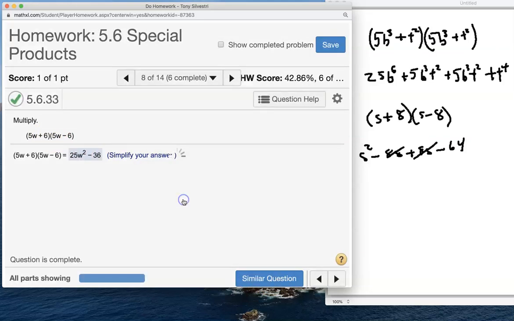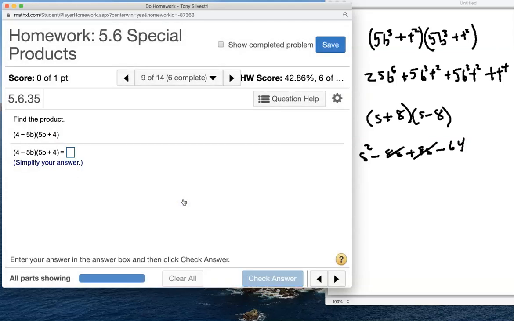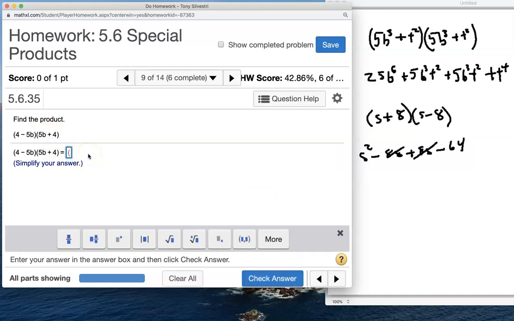Now, let's see what this is. You might think that this is different, but if you take a look, you don't want to change the 4 minus 5b. Leave it the way it is. But I can move these two around. It doesn't matter whether you say 3 plus 5 or 5 plus 3, it's the same value.